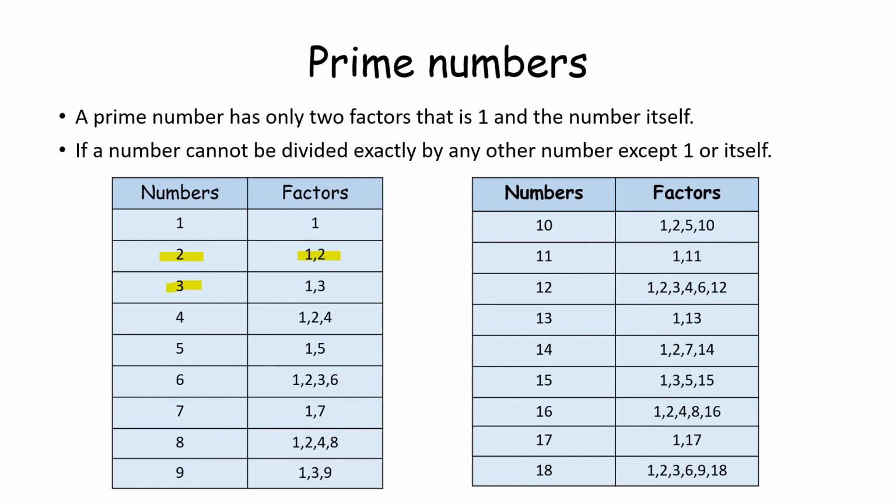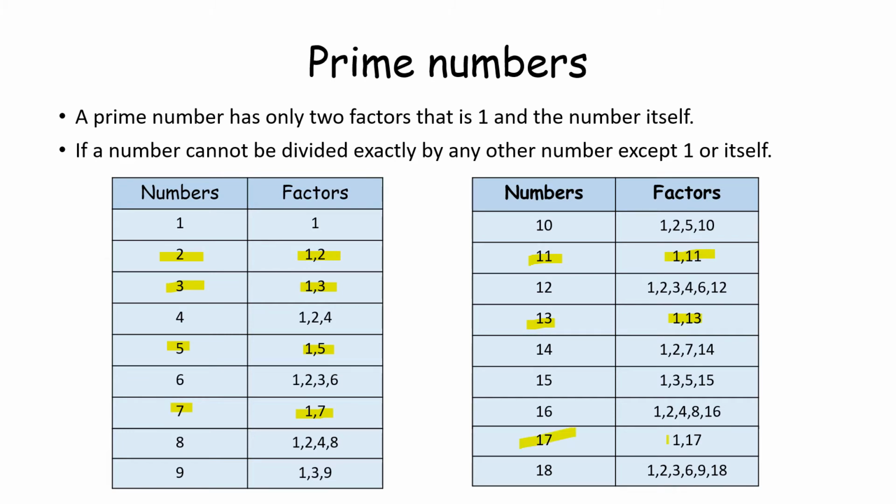And 3 also has only two factors, 1 and 3. Then 4, and again if you look at 5, it also has two factors, 1 and the number itself, which is 5. Then 7. Then 11. 11 also has only 2 factors. Then 13. And after 13, 17 here.